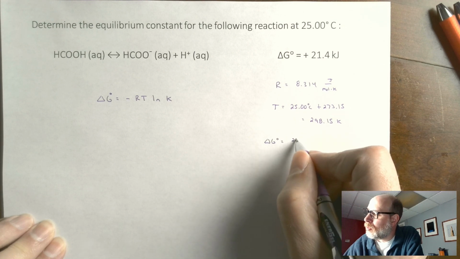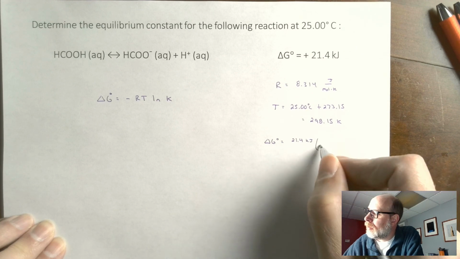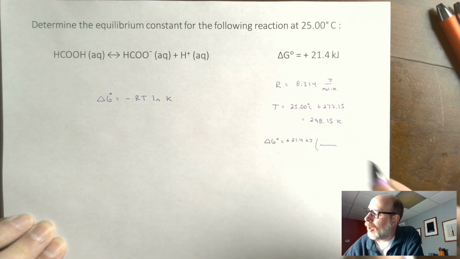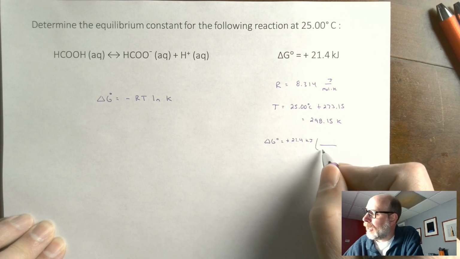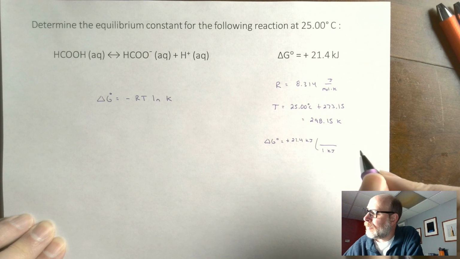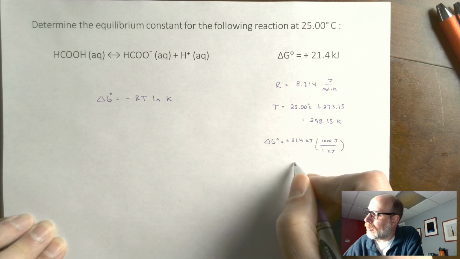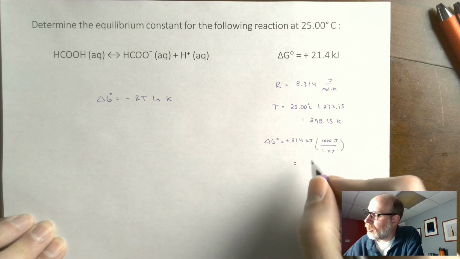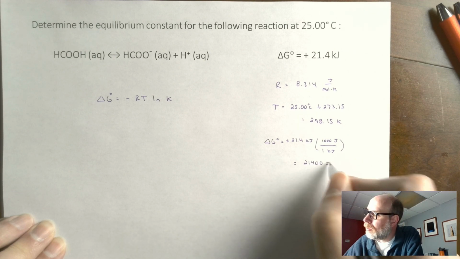So that's going to be 21.4 kilojoule. That's a positive free energy change. And then we have 1 kilojoule is 1,000 joules. So the free energy change is going to be 21,400 joules.